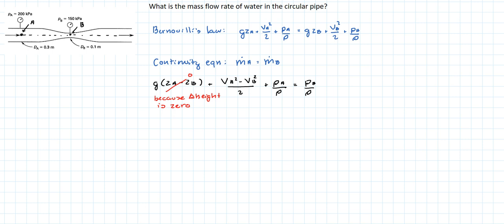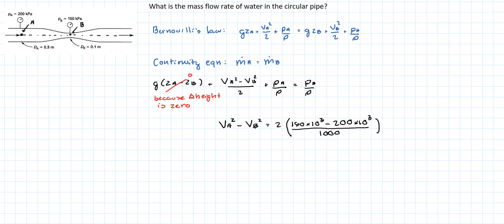So we can isolate: VA squared minus VB squared is equal to 2 times (P sub A minus P sub B), that's 150 times 10 to the third power minus 200 times 10 to the 3, divided by the density of water, which is 1,000 kilograms per cubic meter.